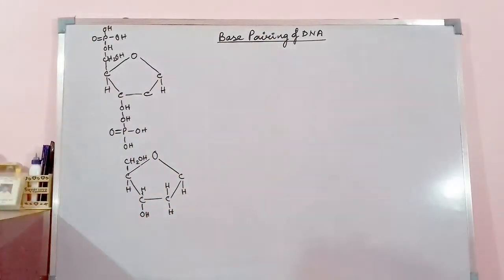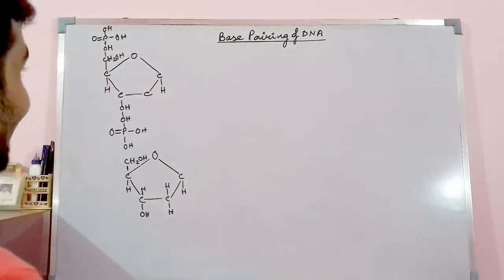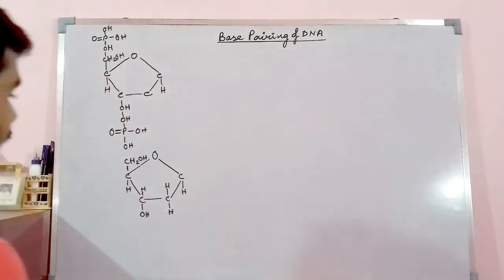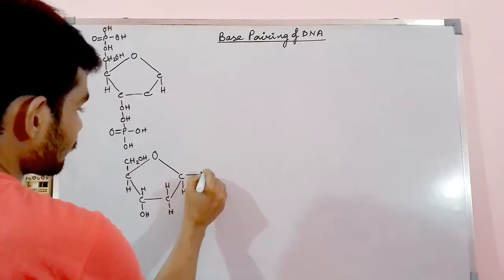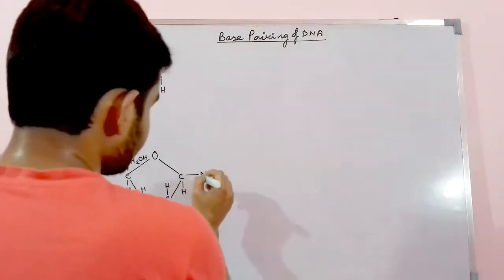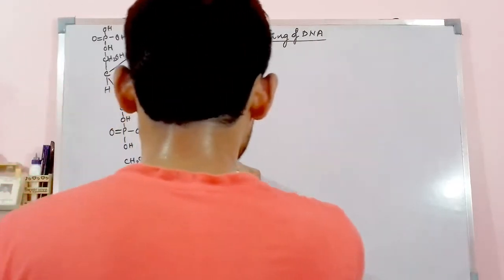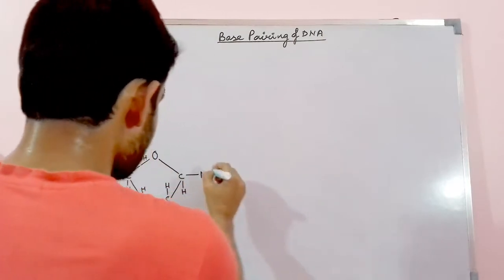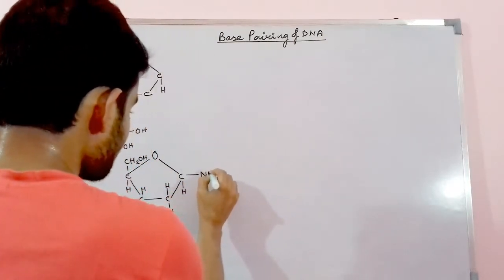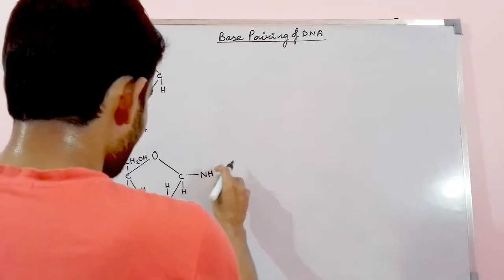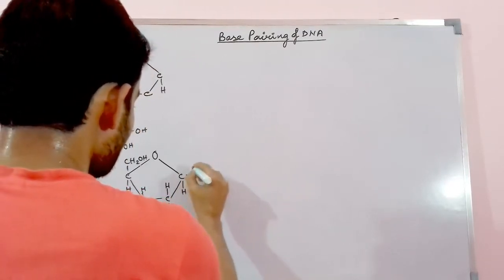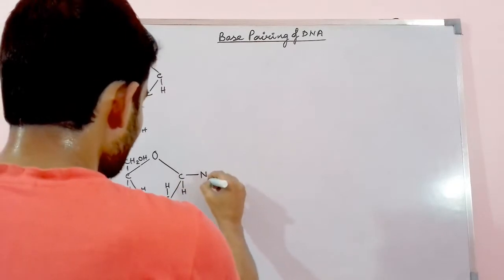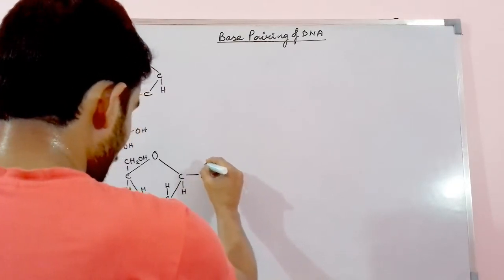So let me draw a purine base. Let it be adenine. I'm drawing the adenine base here. NH. Sorry, this will go off because the molecule of water will be warded off.